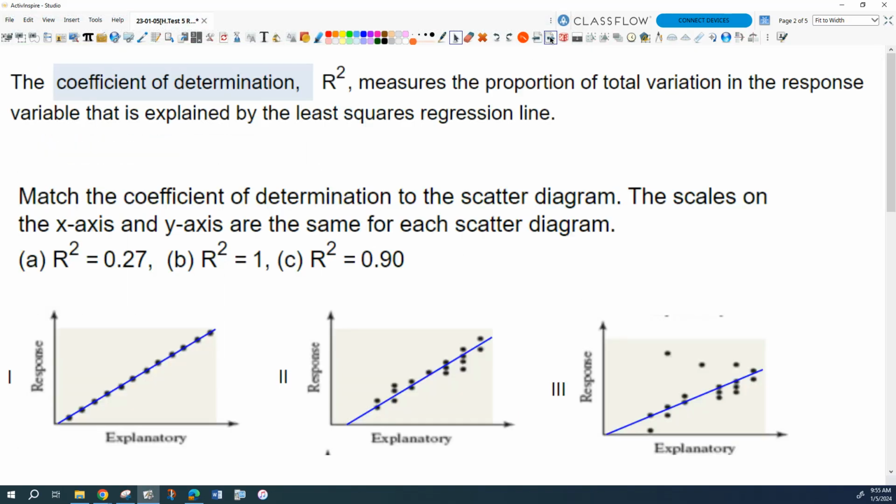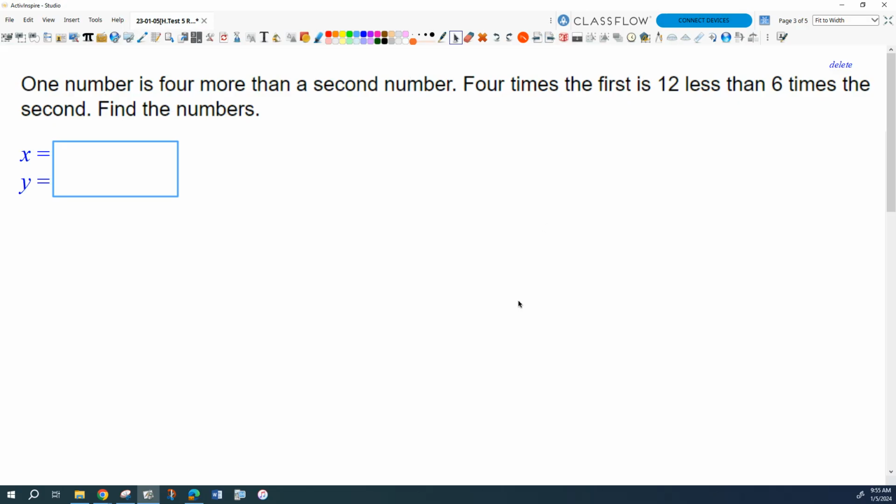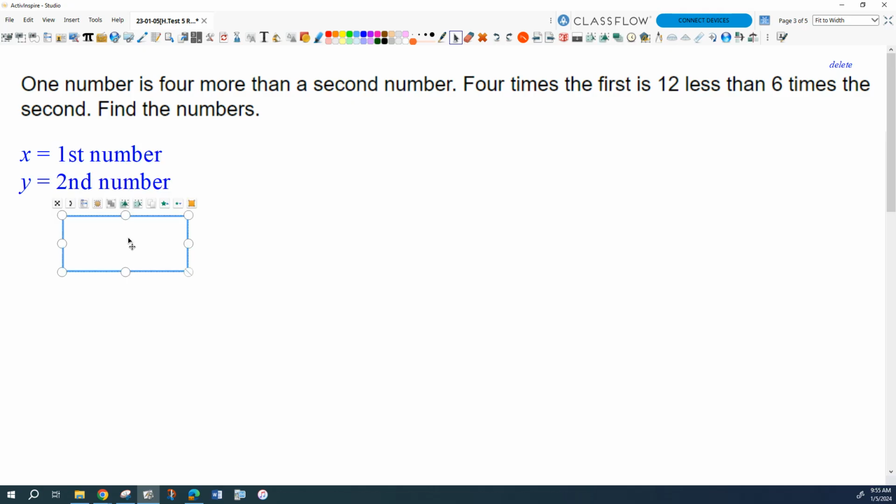Okay, we did that. Let's look at just a couple quick examples of these. I know these are so simple, but I just want to make sure everybody's okay with this. So on these, remember, what's your strategy when you're solving any kind of math stuff? First, you have to define the variables. So read through this real quick and tell me what's x. First number, what's y? Second number, okay?